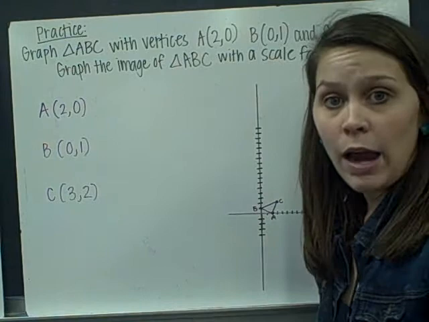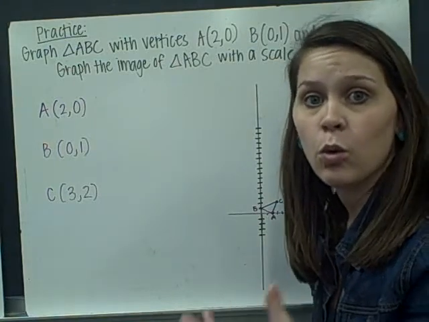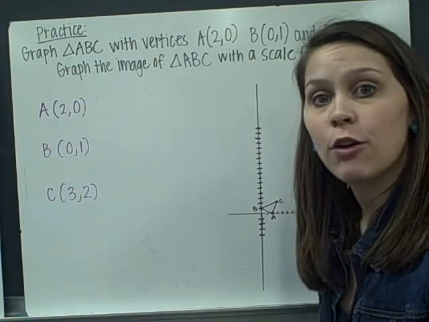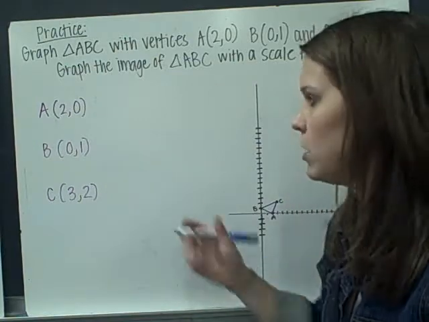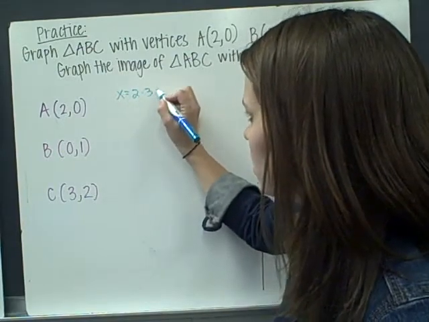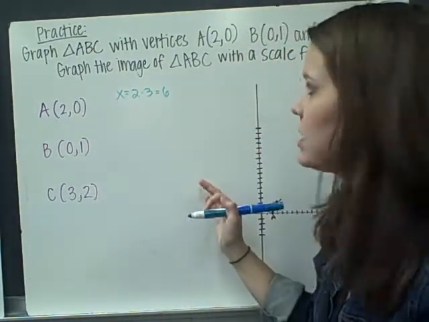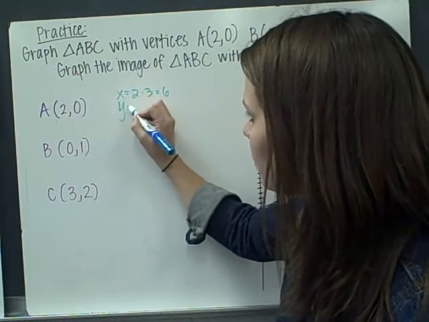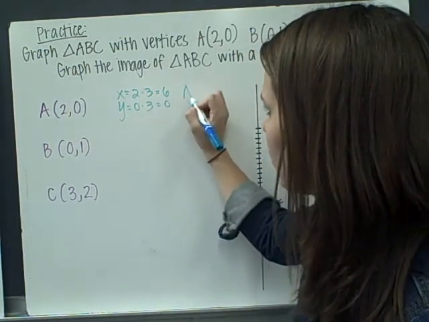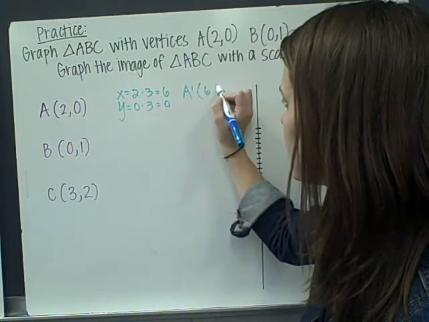Well, before we can graph it, you actually have to figure out what are the new ordered pairs. So we have to multiply all of our values by the scale factor of 3 to find this new image. So we have x to be 2 times 3, so our new x value is 6. Y would be 0 times 3, so our y value is 0. So A prime is going to be 6, 0.